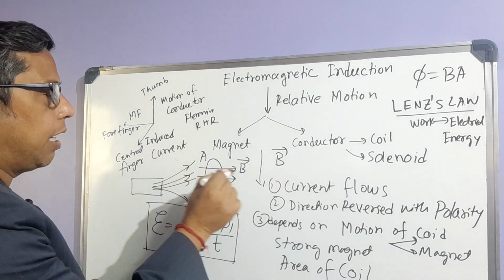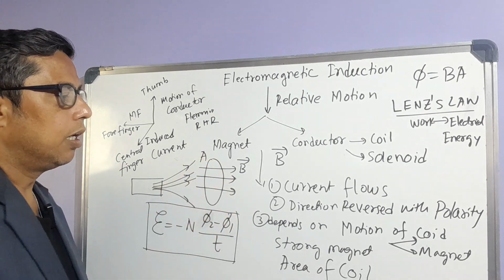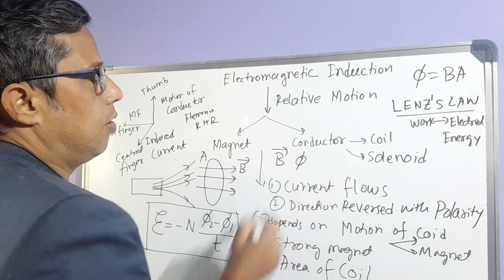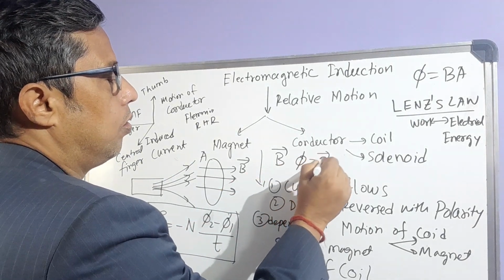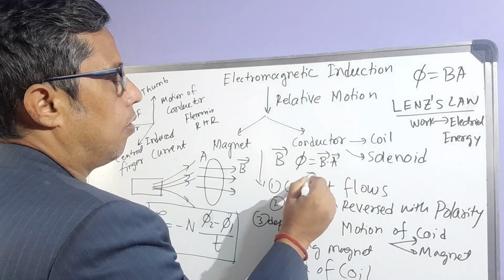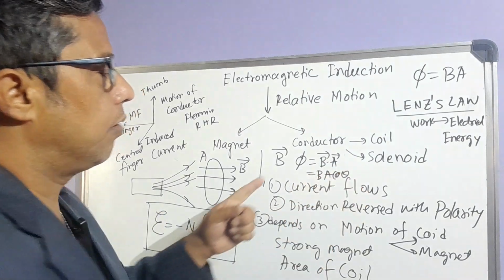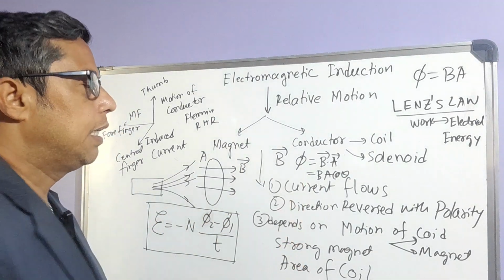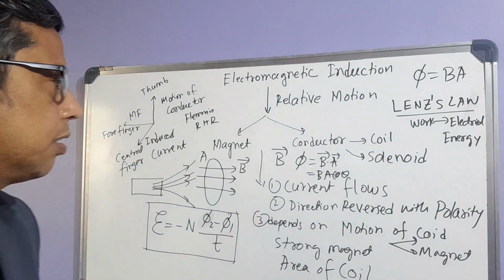So magnetic field lines cross an area A normally, and this gives the magnetic flux. Flux is denoted by phi. Flux phi is equal to B dot A, or we can say B A cos theta. It's a scalar quantity. Magnetic flux is basically a measurement of the magnetic field lines. So you understand this.